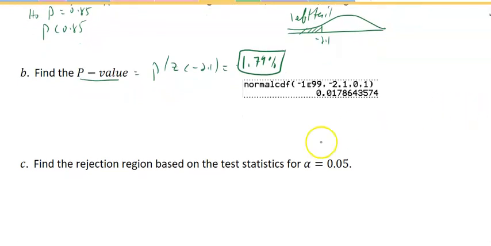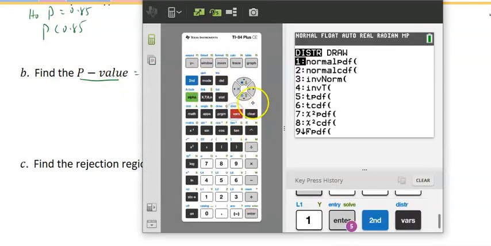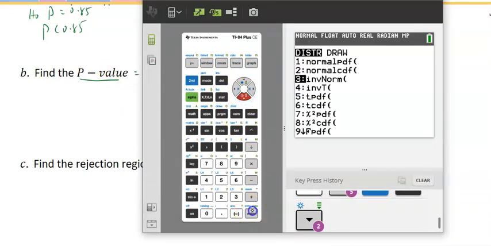Find the rejection region of the test based on alpha equal 0.05. Well, if I want to do a rejection region for alpha equal 5%, I'm going to go for inverse normal.